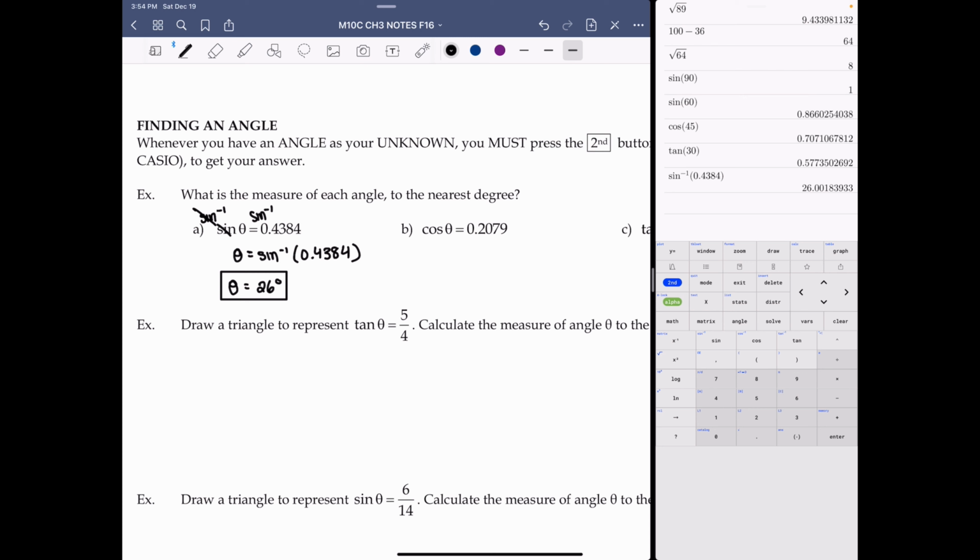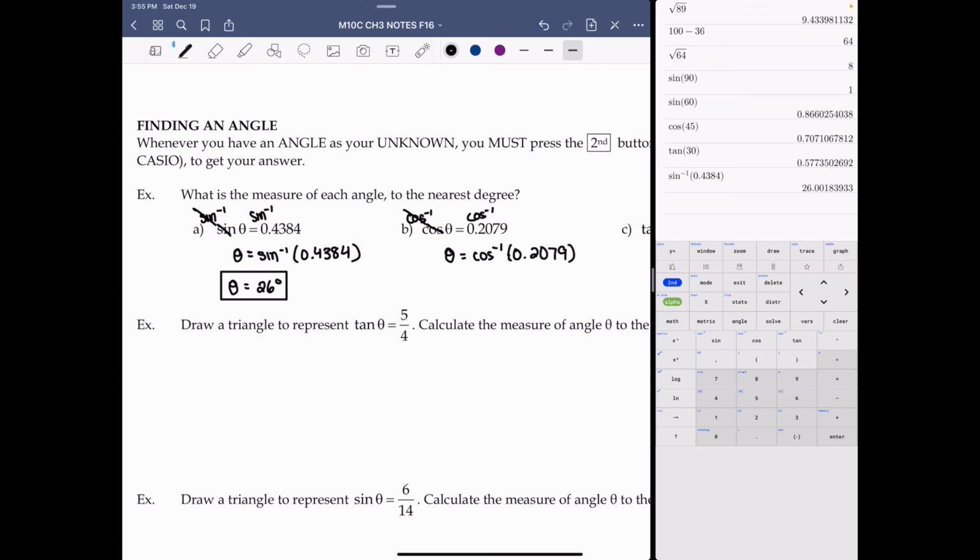Next one, cos theta equals 0.2079. Again, we want to move the cos part to the other side of the equal sign. So we have to do the opposite operation, which is cos inverse. Do that on both sides. Cos inverse and cos cancel each other out on the left. We're left with theta equals cos inverse of 0.2079.